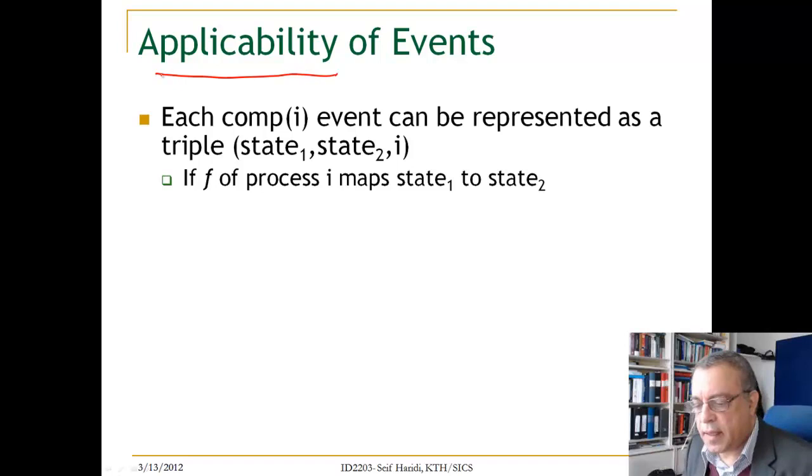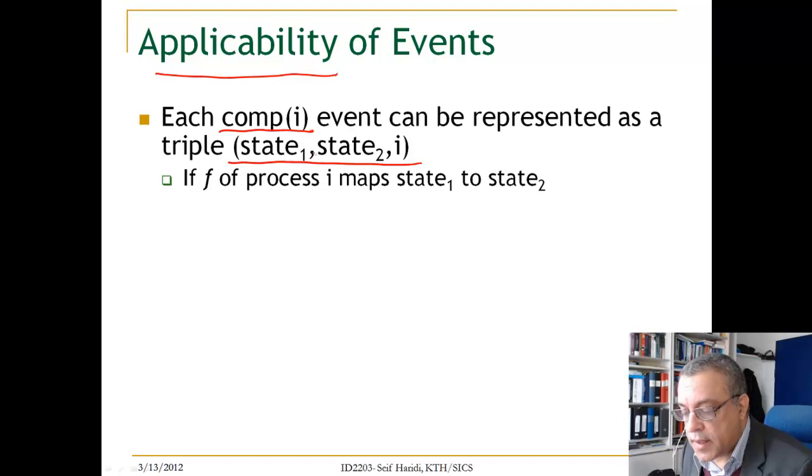A computation event can first be represented as a triple with state S1, S2, and an I, which means that this is a computation event by process PI, performed on the state S1 and resulting in a state S2.